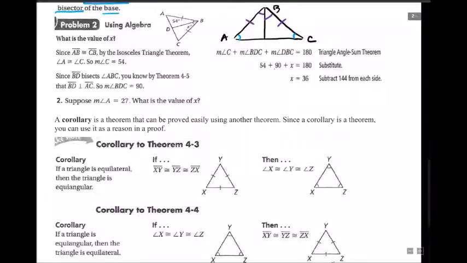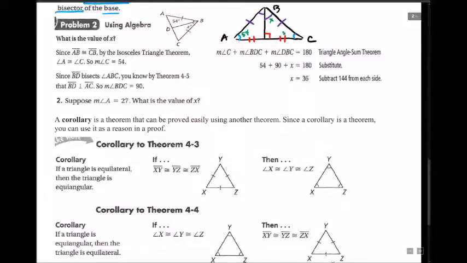Immediately, I know that that is a right angle, and those two segments are congruent because of our awesome theorem. This is labeled x degrees. This is labeled 54 degrees. So what can I do now?